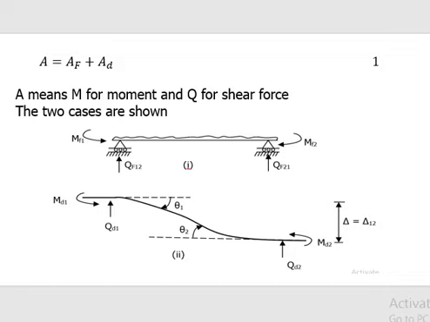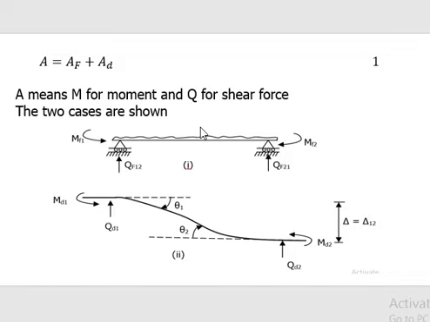Equation 1 is the total action at the support due to external applied load and due to sinking of support. Then A can mean, as we said earlier, bending moment or shear force. The two cases are shown. In the first case, that is no sinking of support, the beam has external load, as you can see.